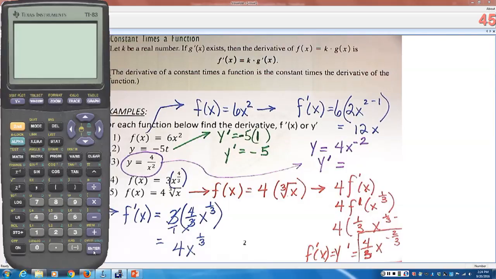So now help me figure out what to do with the -2. Drop it, subtract by 1.